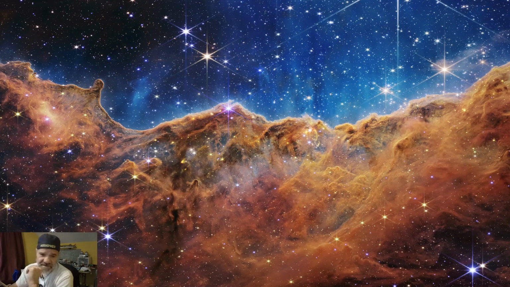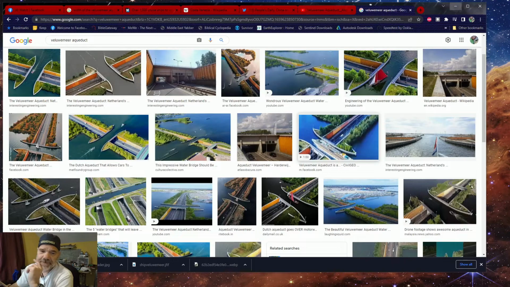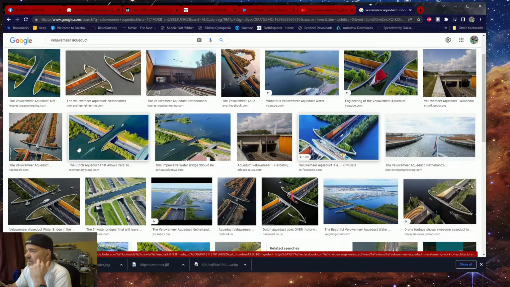But the one that we're going to talk about today is looking at the latest. This is the Veluwemeer Aqueduct in the Netherlands. It is an engineering feat in itself.